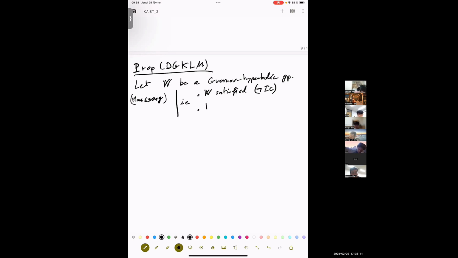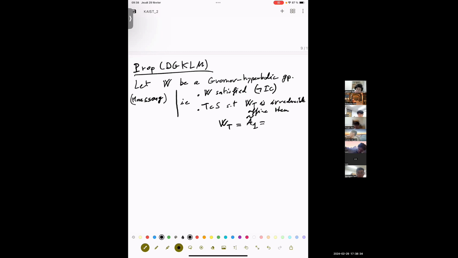Let me write. It satisfies that if T included in S is such that W_T is irreducible affine, then W_T is A1 tilde.